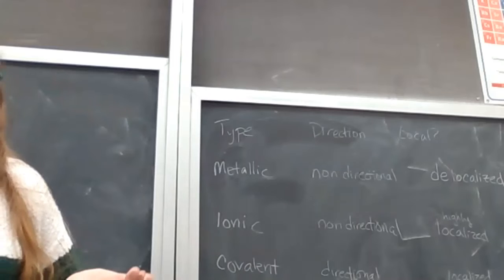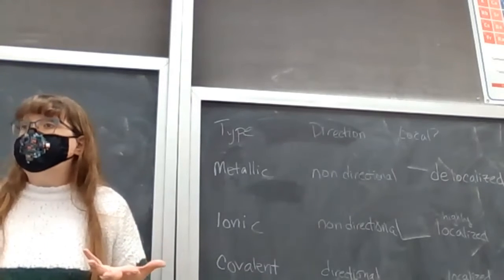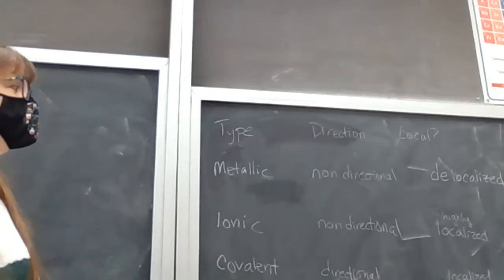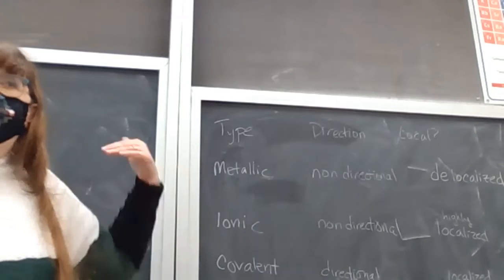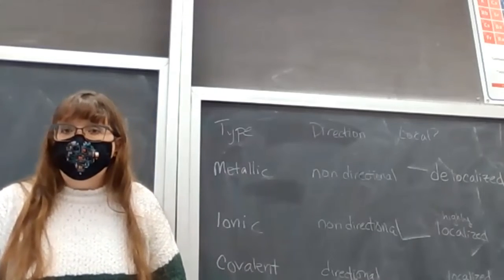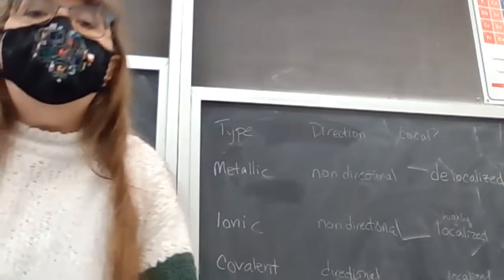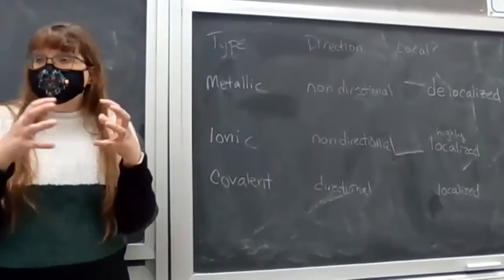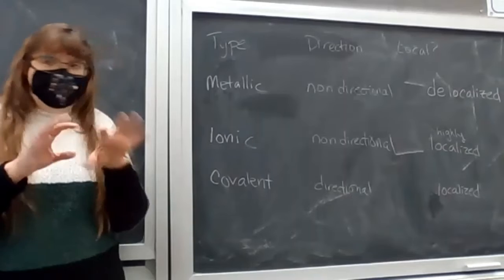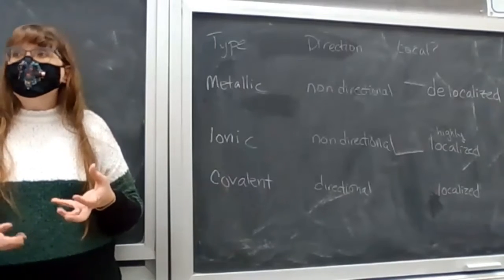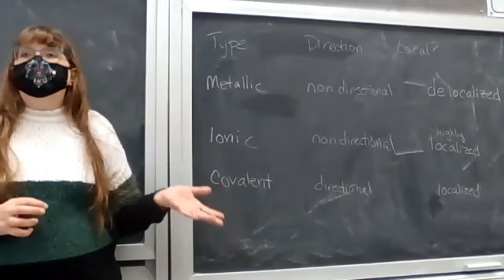And if you look at my old exams and quizzes, sometimes I'll have questions that will say, what type of bond is highly localized and non-directional? And so you'll have to know which of these fit into that category. All right, so covalent molecules, because those interactions tend to stay in one place and they don't extend in all directions, tend to form molecules where one molecule is discrete from the next one.